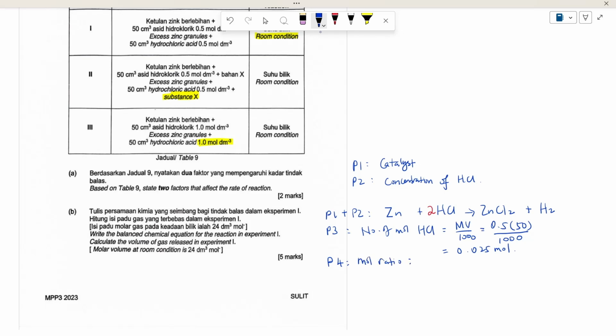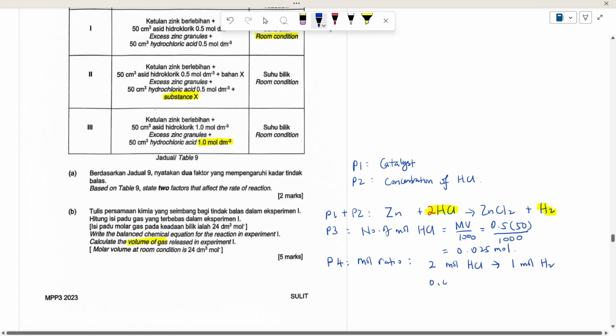So what to compare? We must compare the acid given, then the question asks you to find what? To find the volume of gas, right? Volume of gas, so gas is the hydrogen gas. So 2 mole of hydrochloric acid produce 1 mole of hydrogen gas, correct?